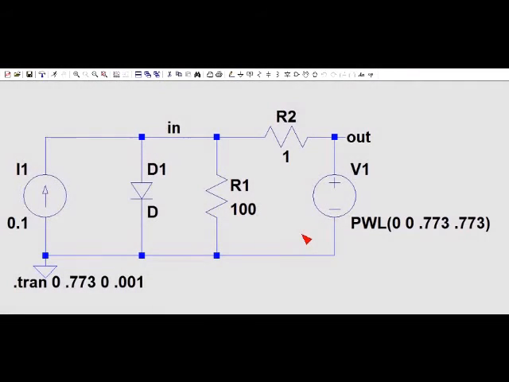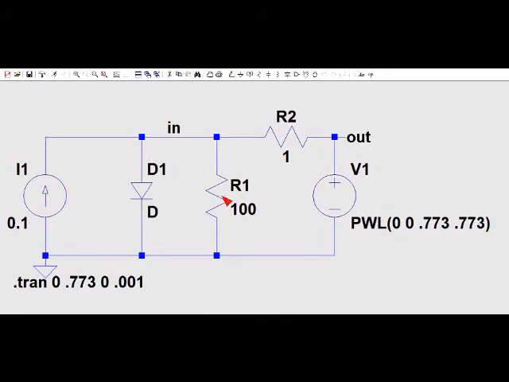Here I'm in my LTSpice program, and I've set up a model, an electrical model for the solar cell. This diode D1 is the PN junction diode, and this current source is a measure of the light intensity that the solar cell receives. So the more light, the greater this current flow in this current source.